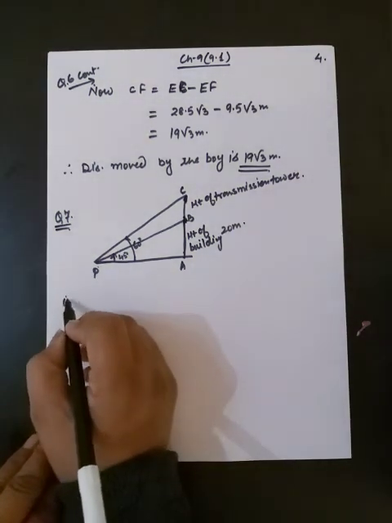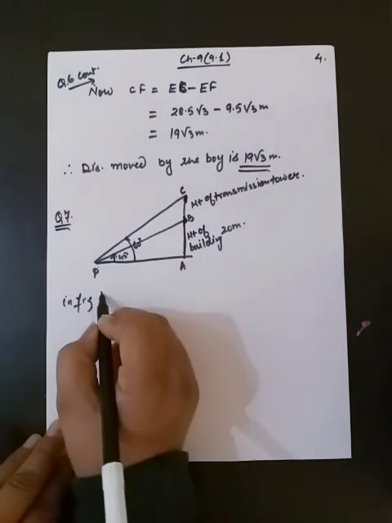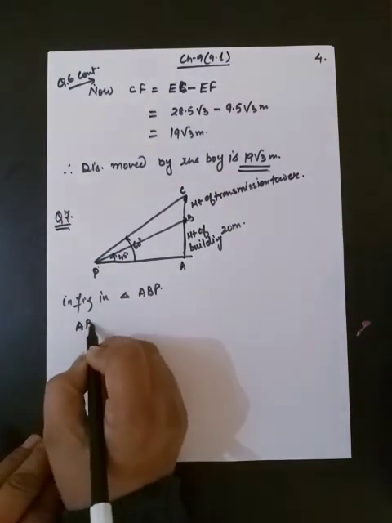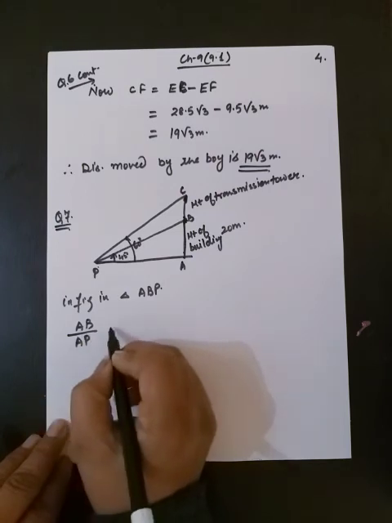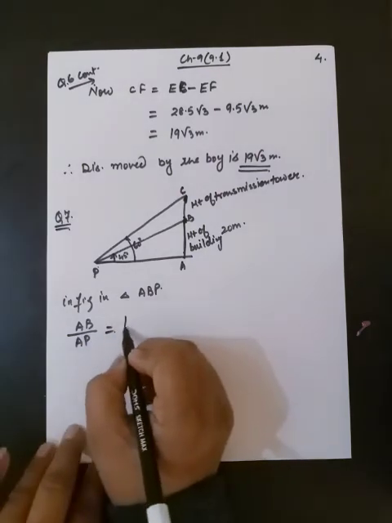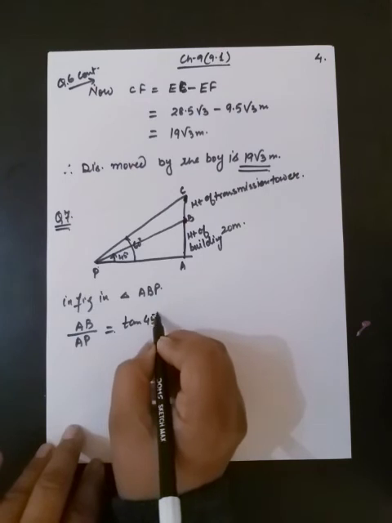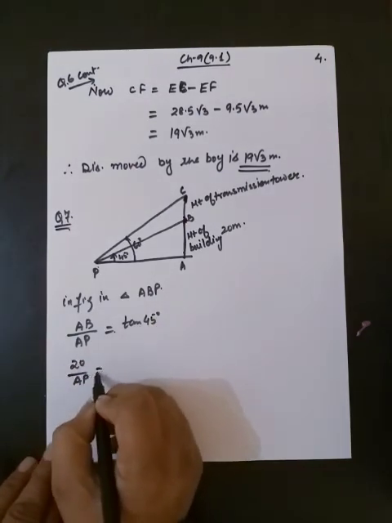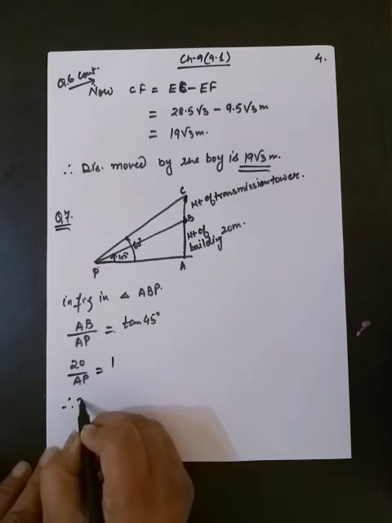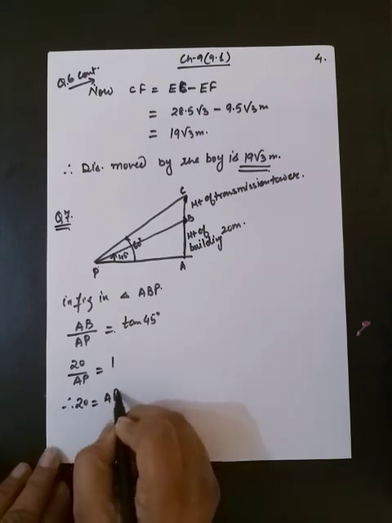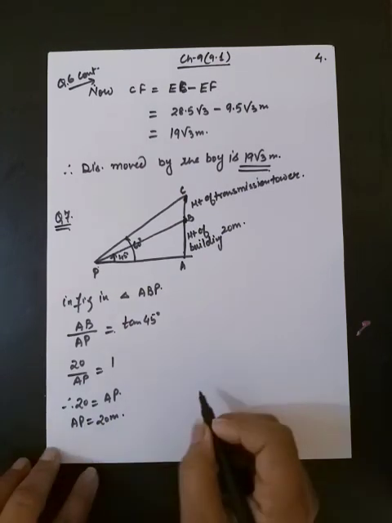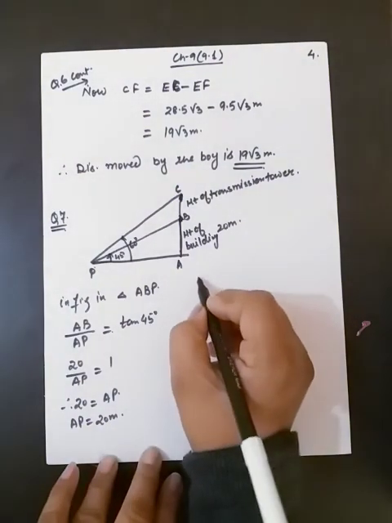So first of all in figure, in triangle ABP, AB by AP, perpendicular by base, is equal to tangent 45 degree, and AB is 20 by AP and tangent 45 is 1. So therefore AP will be 20 meter. Now we have to take another triangle.